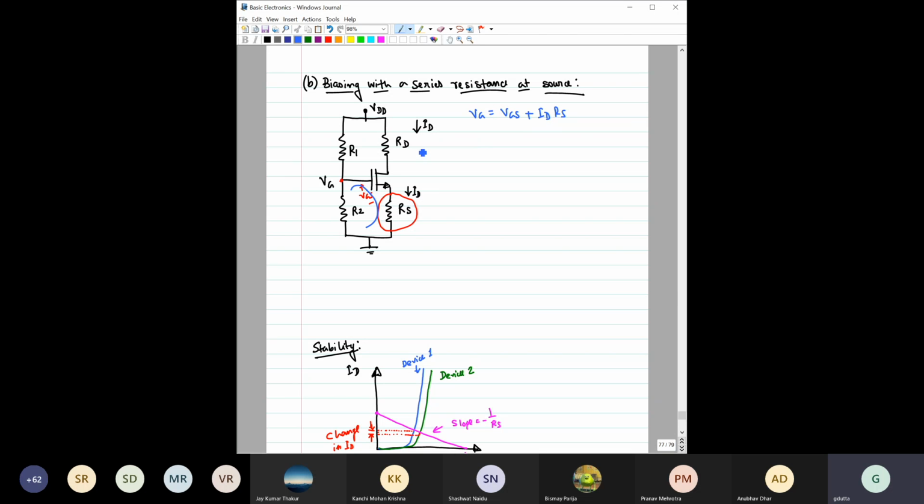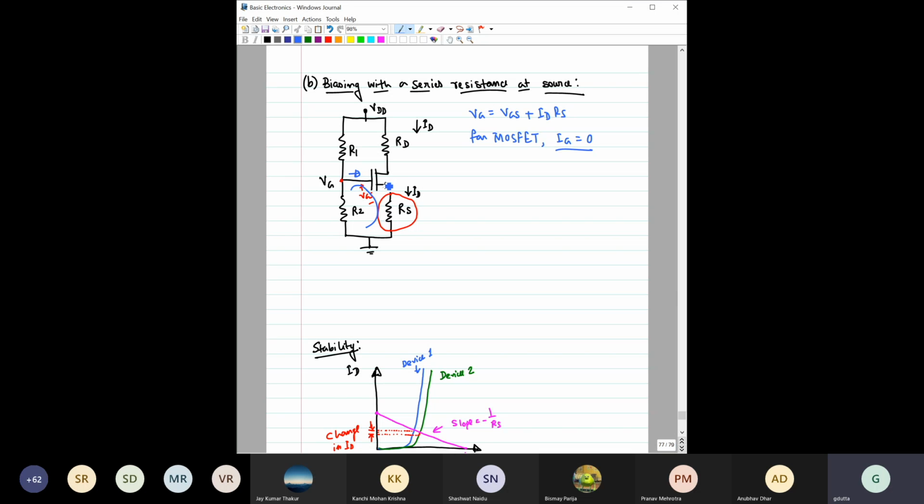This is ID, this is ID. And remember, for MOSFET, IG, the gate current, is 0, right? Because the gate is separated by an insulator from the channel. So that way, gate current is 0. So no current is flowing through this, right?